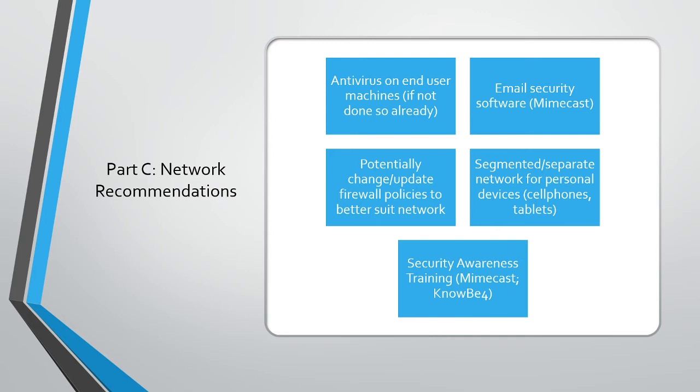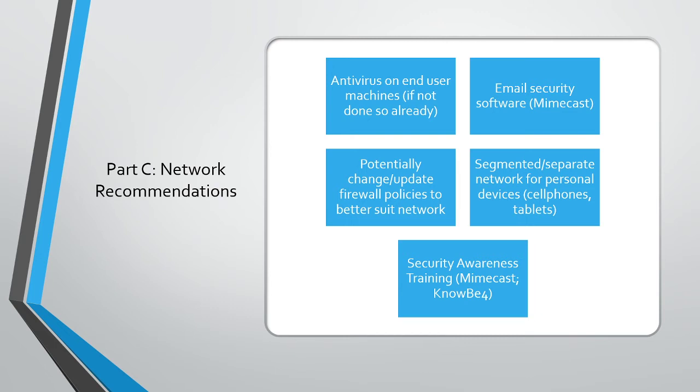And then in terms of implementing any new services into your organization, I listed a few, starting with antivirus, and if it's not implemented already, it's kind of a must-have in today's cyber world. Next, you have some sort of email security software. I know Mimecast is a good one.